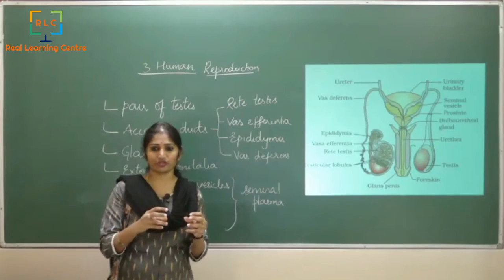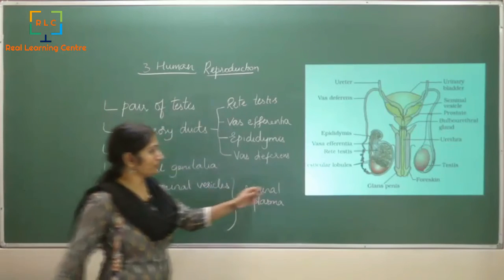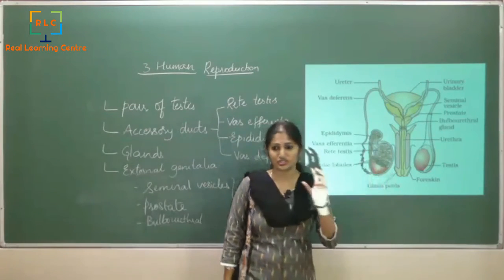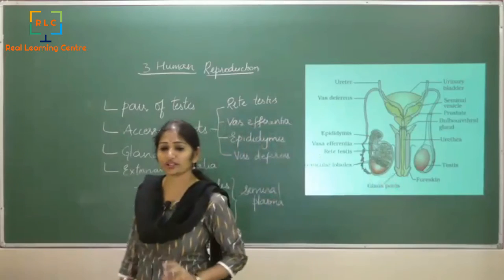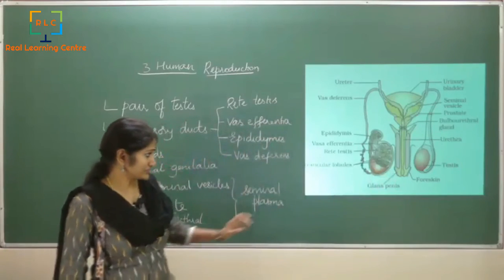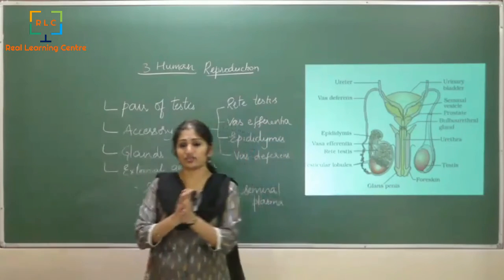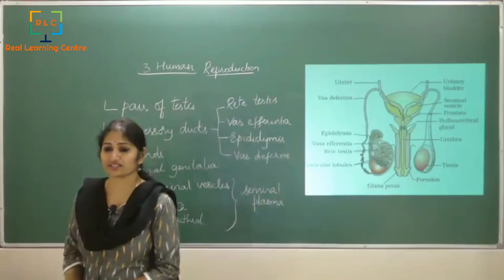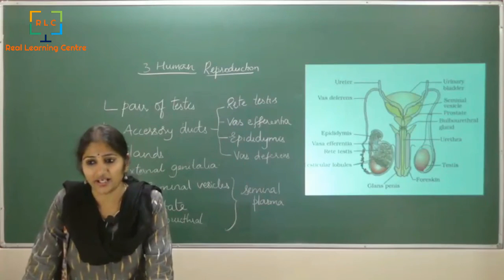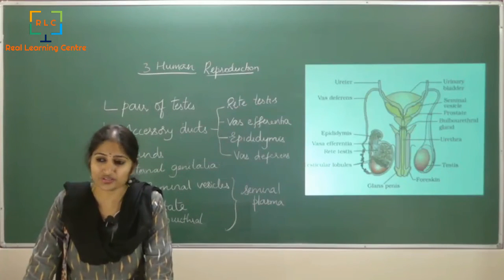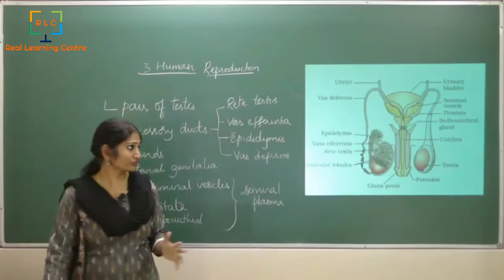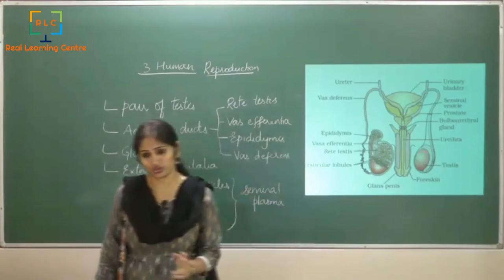Okay, so there is the slightly enlarged part of the penis, which we call the glans penis. Okay, and this is considered to be quite sensitive, and hence it has a covering of skin which is called the foreskin.